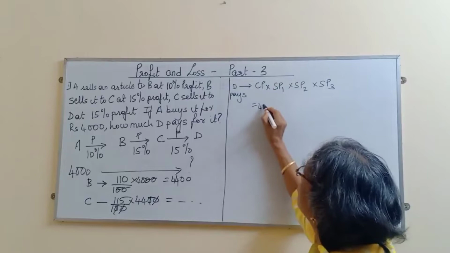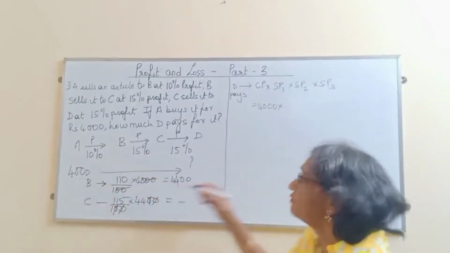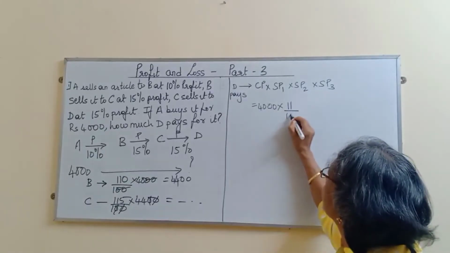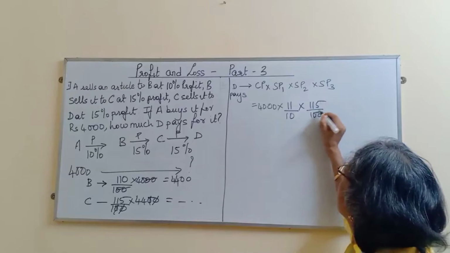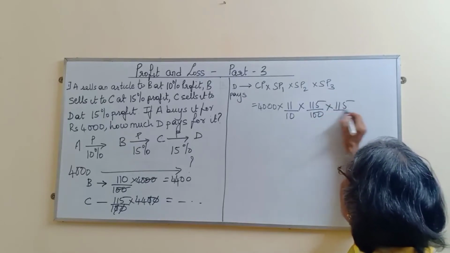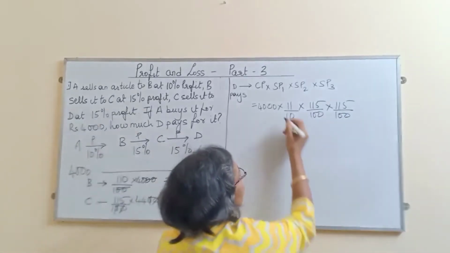The CP is 4,000. SP1, because it is at a profit of 10%, you can directly write it in the ratio. This would be 110 upon 100, this would be 115 upon 100, and this would be 115 upon 100. Now you can calculate this. See what you get.